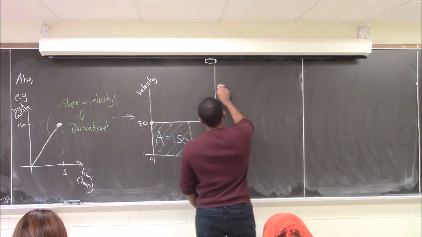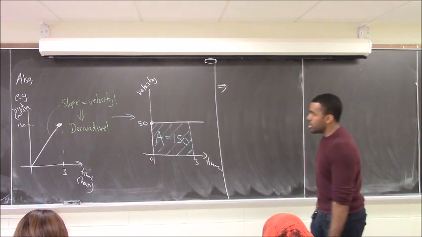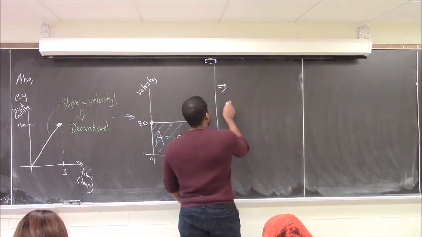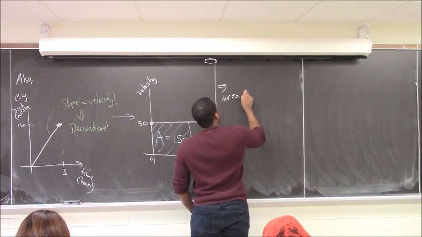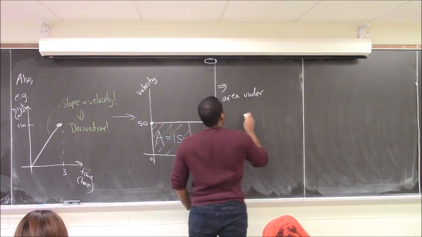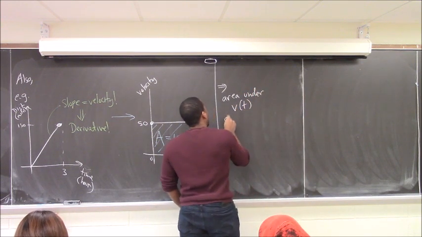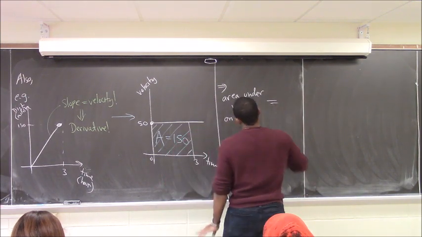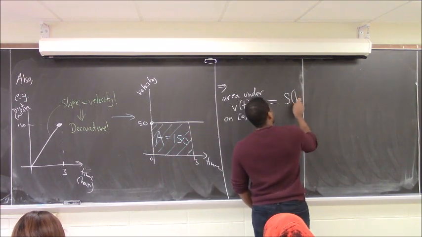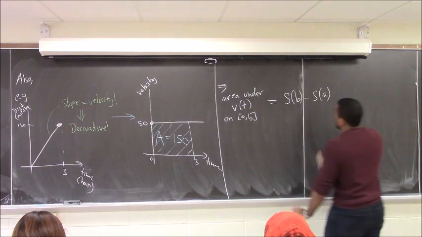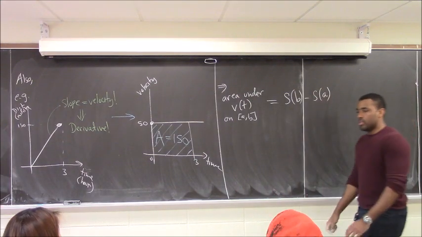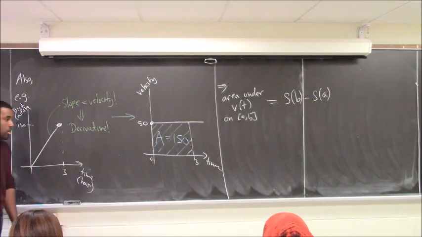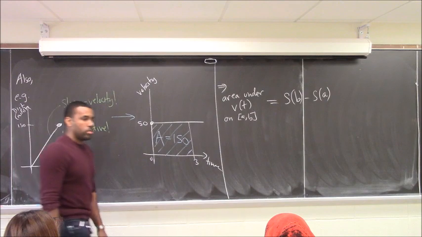And so here, it seems that it also works in the distance and velocity case. Here, it would seem that if you find the area under the velocity function on the interval AB, it actually gave us the change in position. Our change in position was 150, and the area under the velocity function in that same time period is 150.